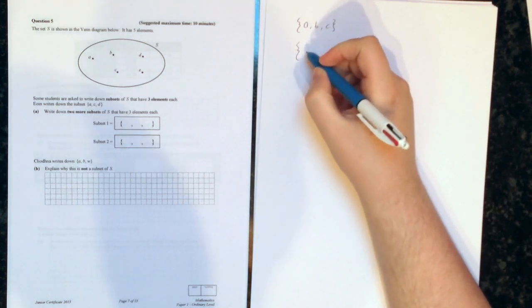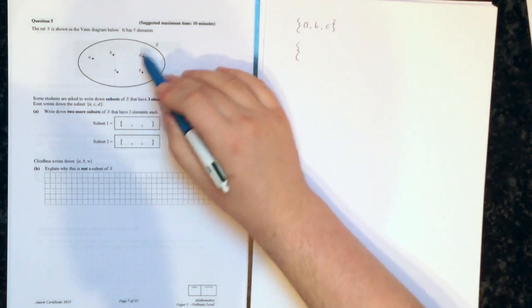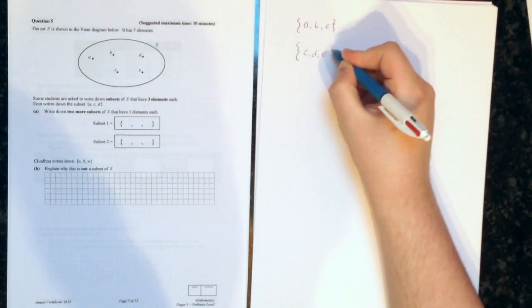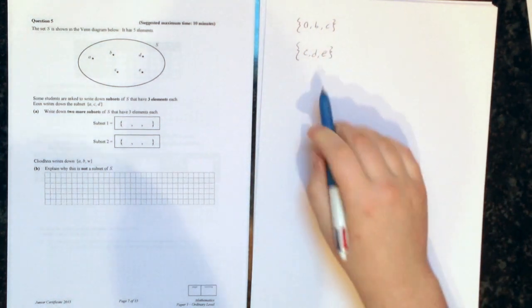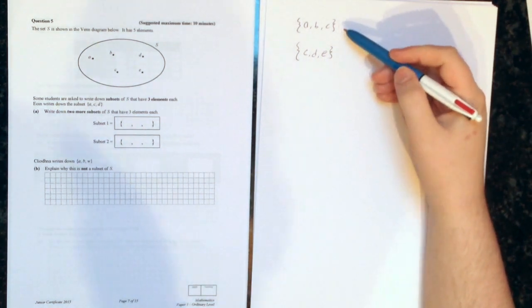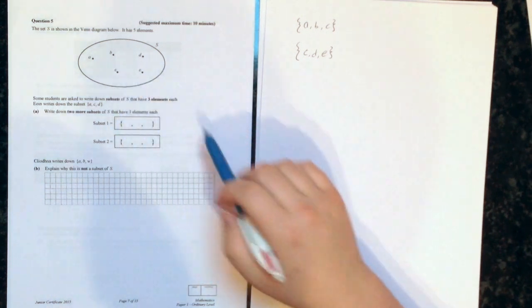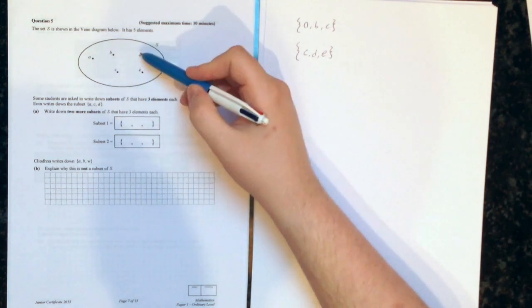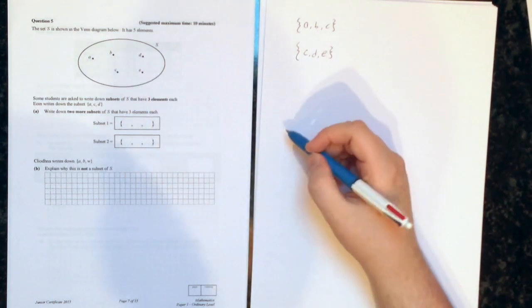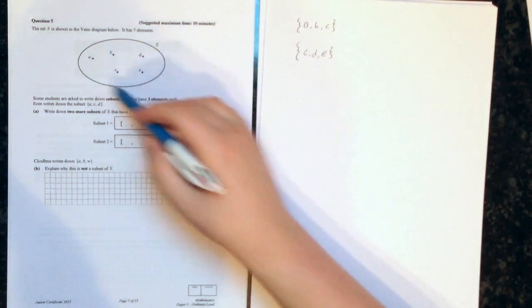A second subset could be C, D, E. Because C and D and E are all in the set. These are not the only 2 subsets you could choose. You could choose any combination of 3 of these elements. So you could pick B, C, D, or A, D, E, or C, D, E, or any combination of 3 of these elements.